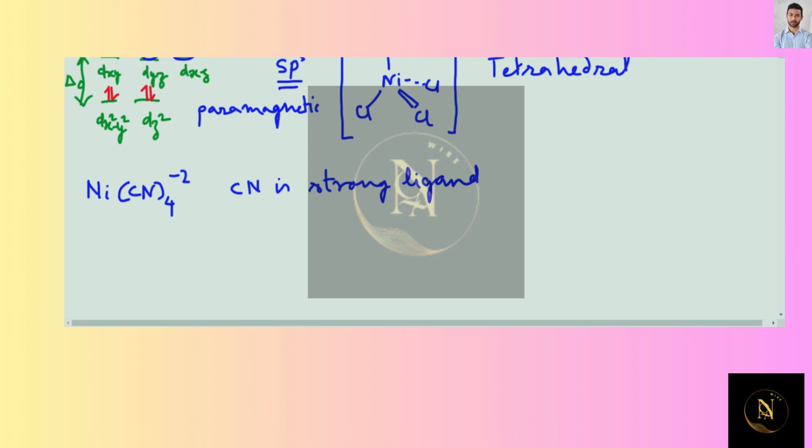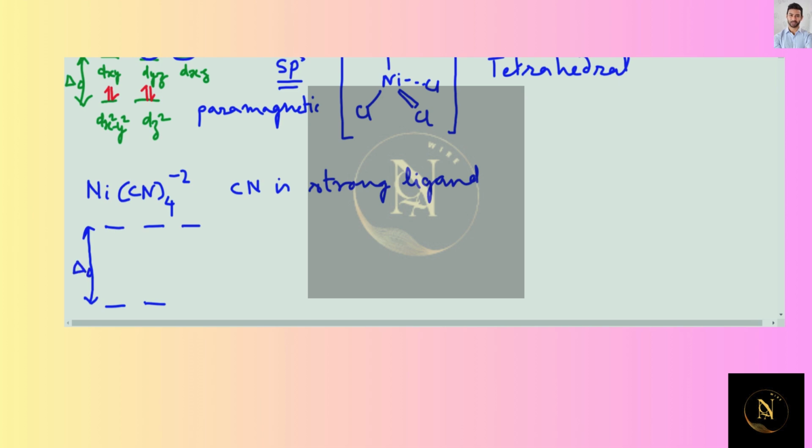So for splitting, we can draw the diagram, and it should be more. So we can make the lower energies here. And this is showing clearly that CN is a strong ligand and splitting energy is more here.